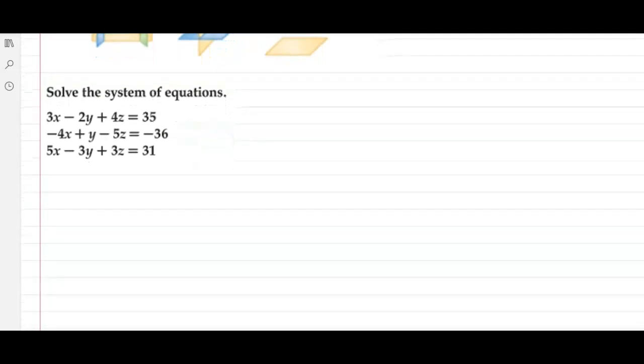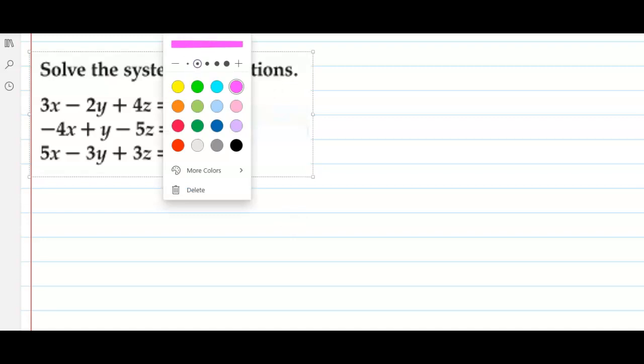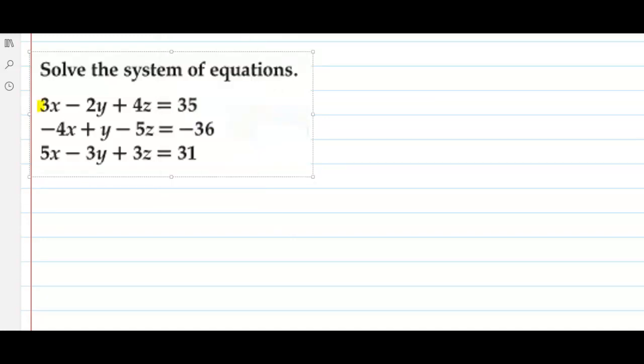To solve a system of equations, it's really not too hard. We just have to eliminate one variable and then go back and substitute repeatedly as we continue to solve. So, for example, I'm going to mark my equations so I can remember which one's which.